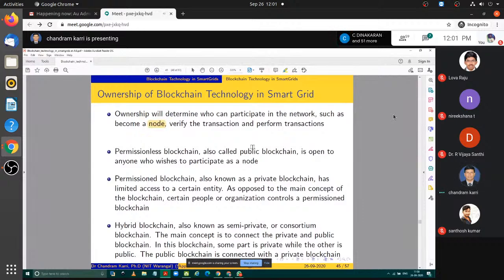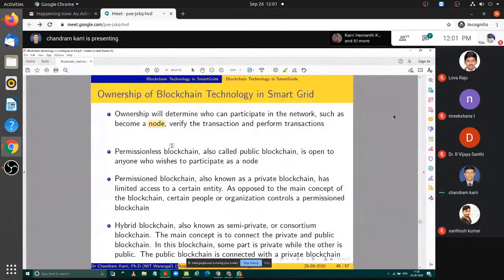Suppose that node slot is given to a supplier. The supplier has the option to participate in the transactions. That depends on who the main players are to participate.